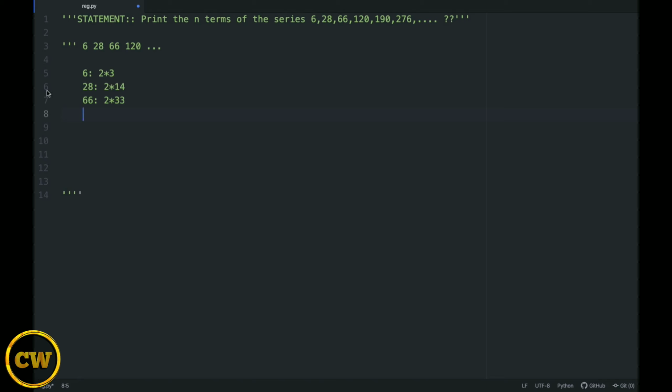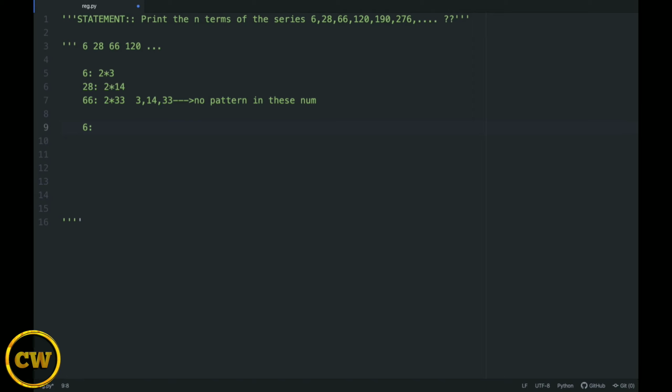So let us try whether there is any pattern in these three numbers: 3, 14, 33. Is there any pattern? I think there is no pattern, right? So let us try another way.